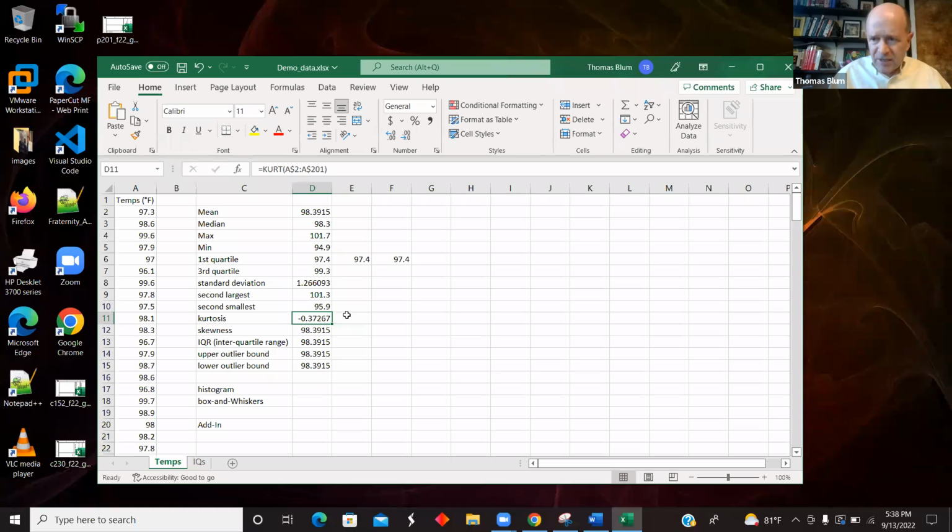Excel's definition of kurtosis is defined such that you will get a 0 for a perfectly normal distribution. It measures how the distribution falls off from the center: does it fall off faster or slower than a normal distribution? So that's what kurtosis measures.